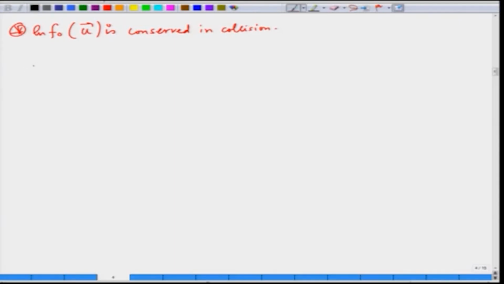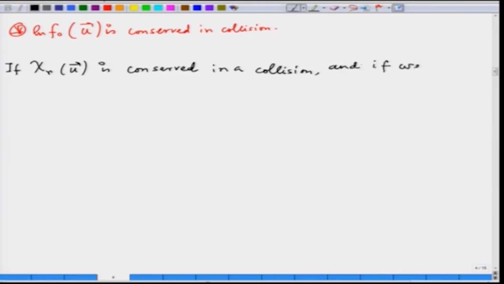Let us now assume that some function chi r, which is a function of the u velocity, vectorially, is conserved in a collision, and if we find n number of such conserved quantities.